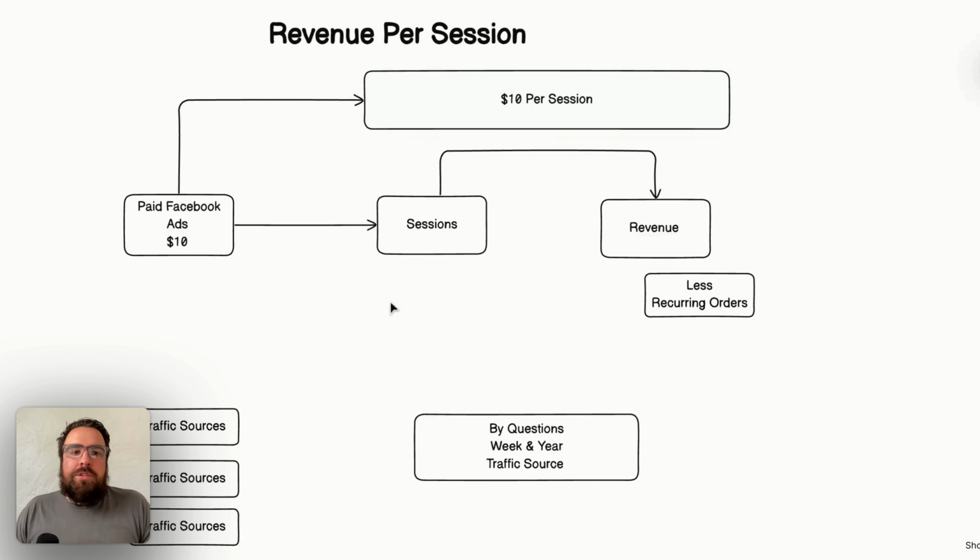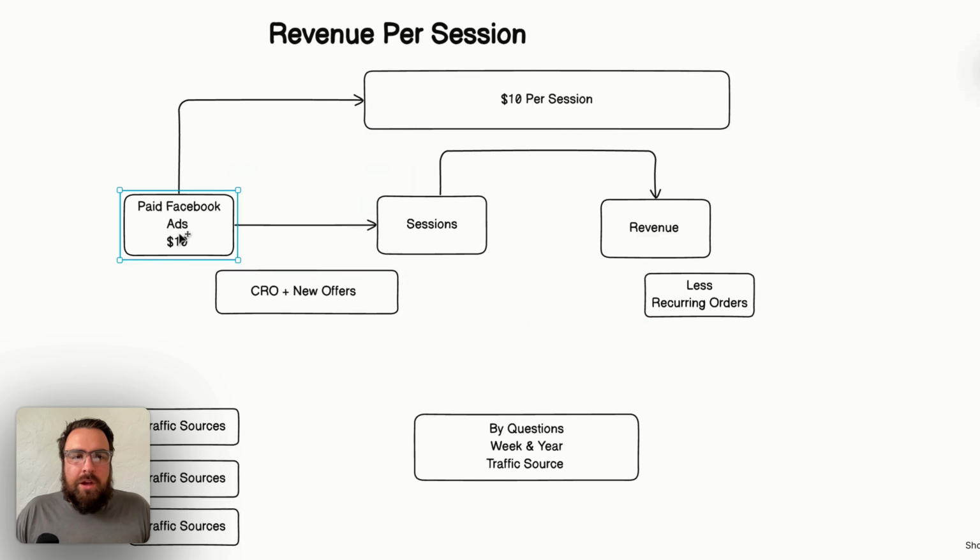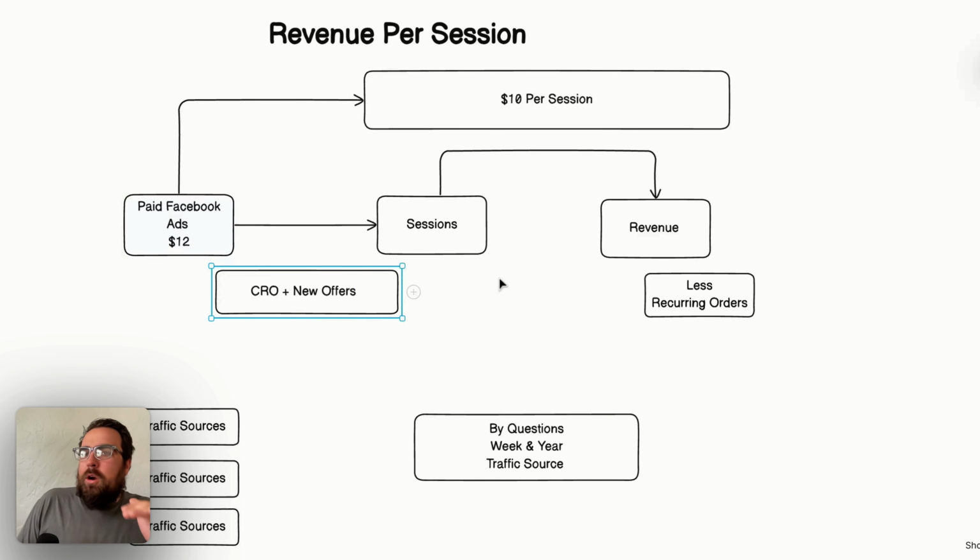What you can then do is layer on some fancy pantsiness of maybe some CRO or order bumps, right? So say we add on some CRO plus new offers. And now what you're looking at, right? So we've layered this on, and so we bump this from $10 to $12 in revenue per session. But we kept our ad buying at the exact same level.